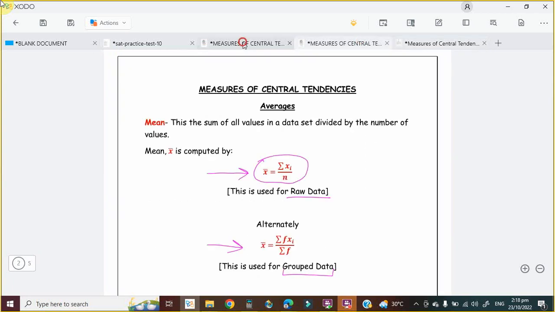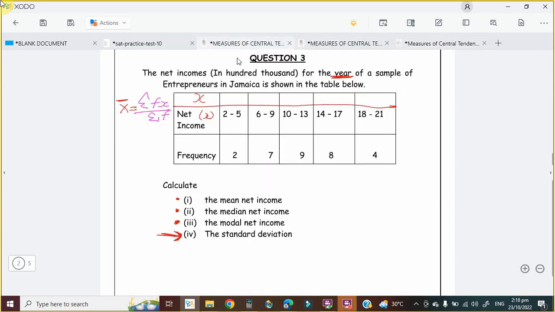As you were saying, Tristan, we have to use the midpoint as an approximation for each class interval. So what's the midpoint for the class interval 2 to 5? 3.5.